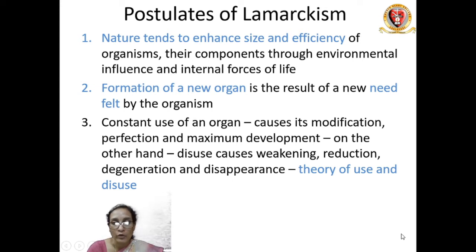A new organ is formed when there is a new need felt by the organism. And he also said when an organ is constantly used, it makes the organ better, more perfect, and shows maximum development. However, when an organ is not used, it causes weakening, reduction or degeneration and ultimately disappearance. This is theory of use and disuse.